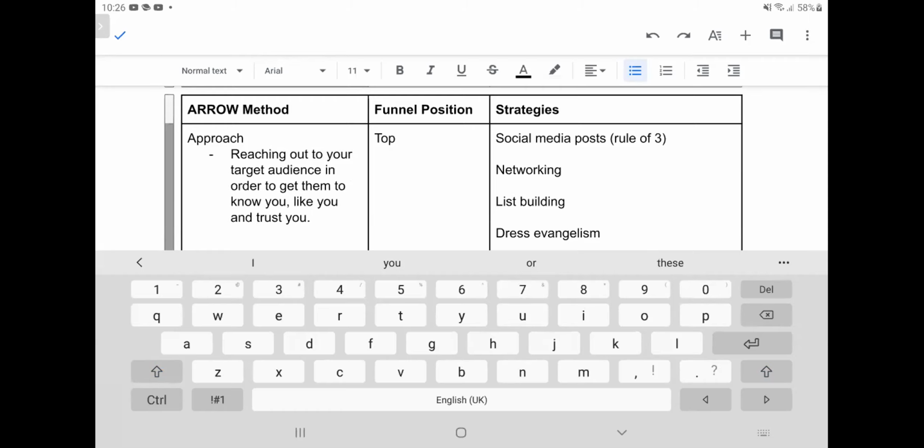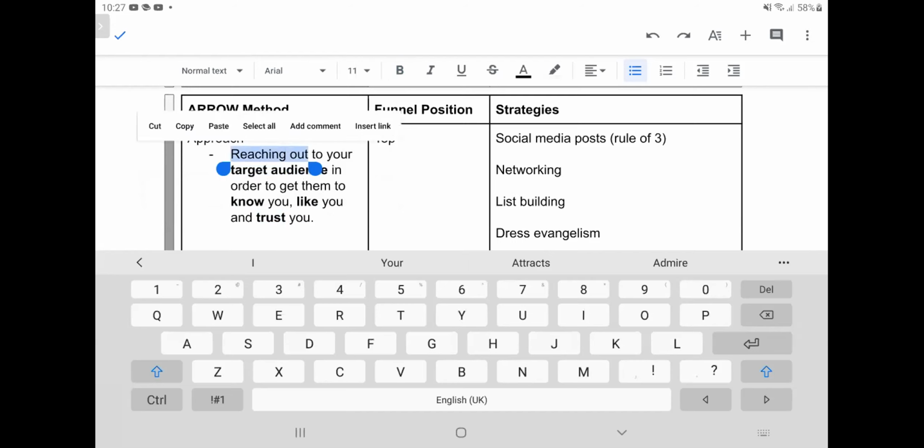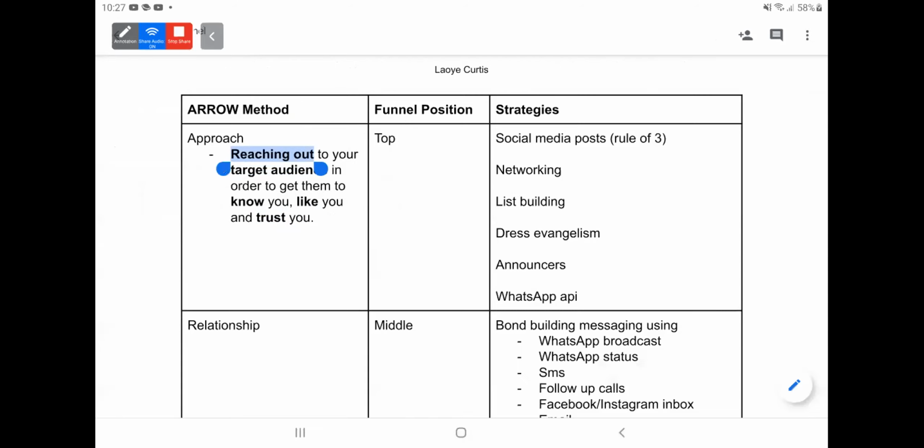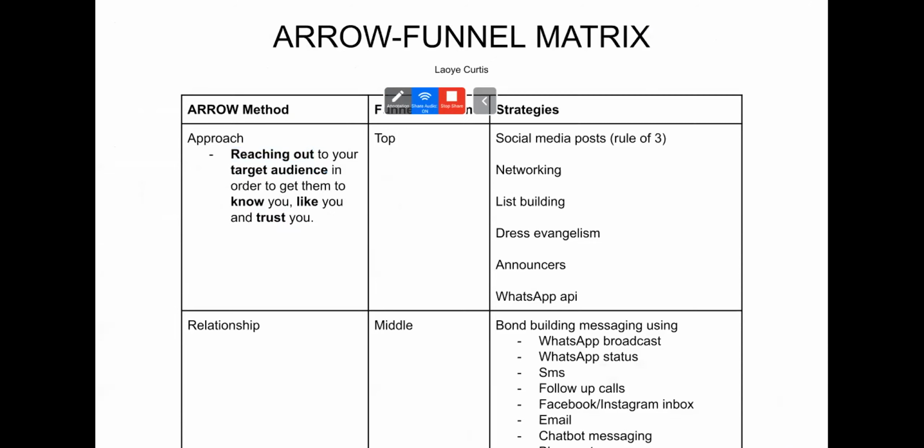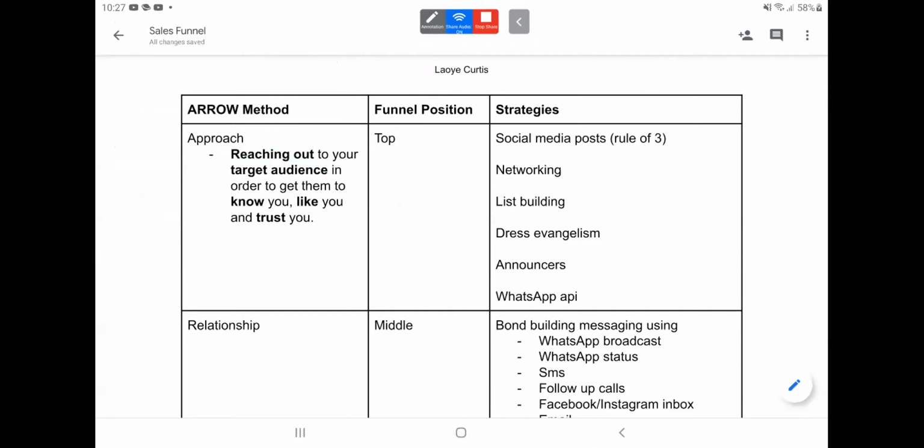You are reaching out to your target audience to get them to know you, to like you, and to trust you. That is what we are doing at this stage. You are reaching out to your target audience to get them to do what? Know you, like you, and trust you.